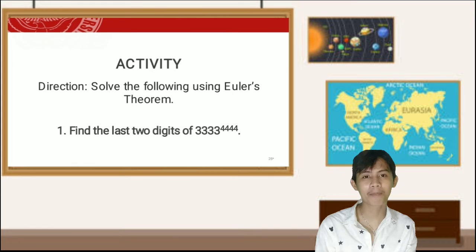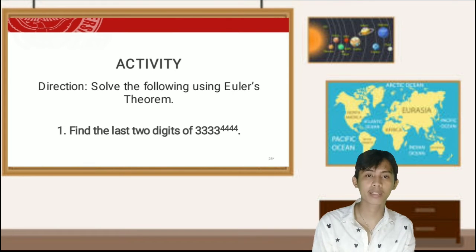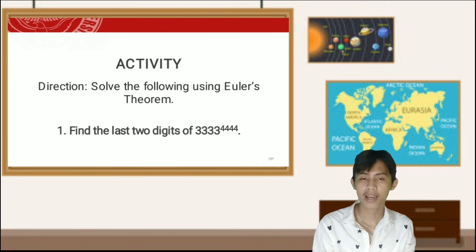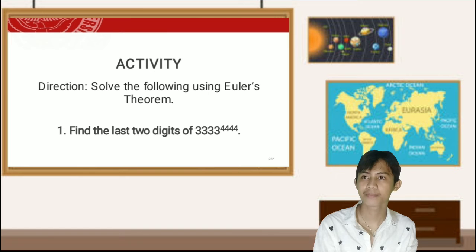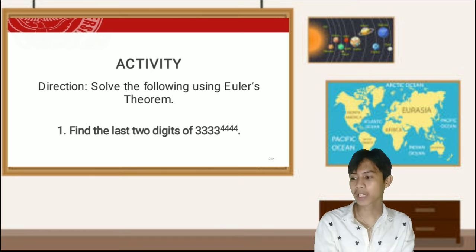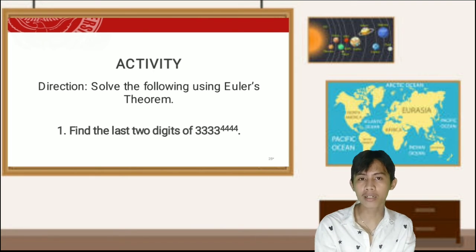Okay, time's up. You may now present your output. I will give you 5 minutes each group. Okay, proceed group 1, the birds. Okay, very good. Let's clap our hands. Okay, group 2, the dogs.